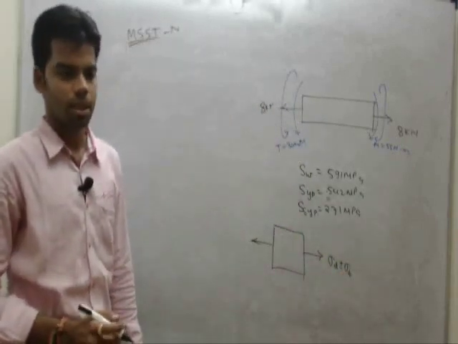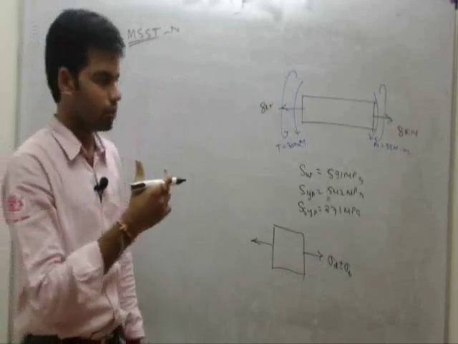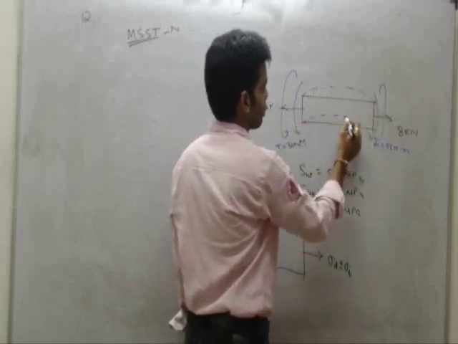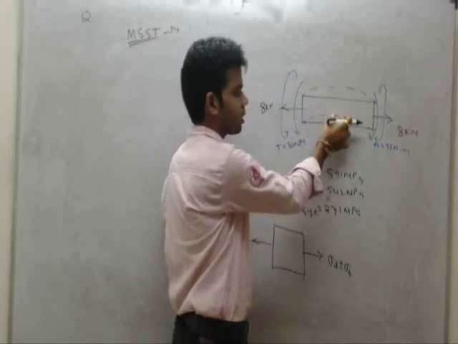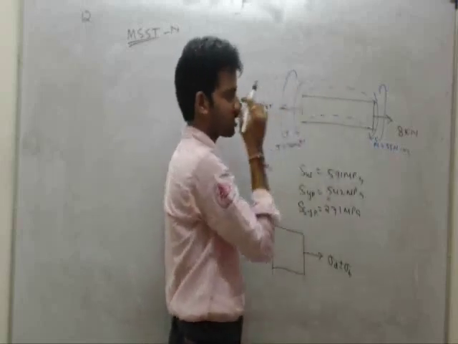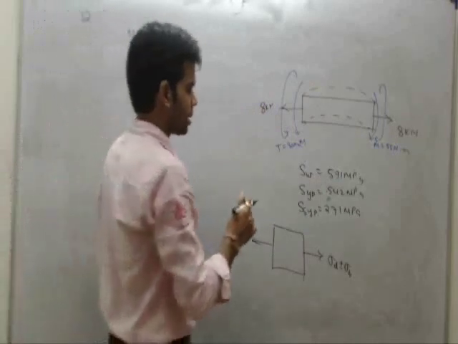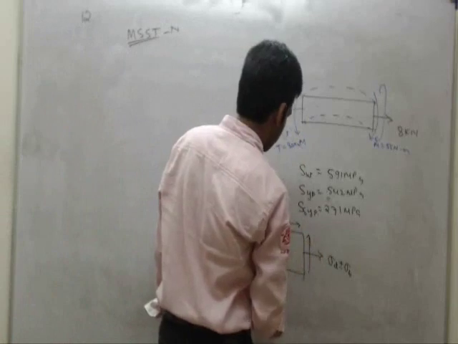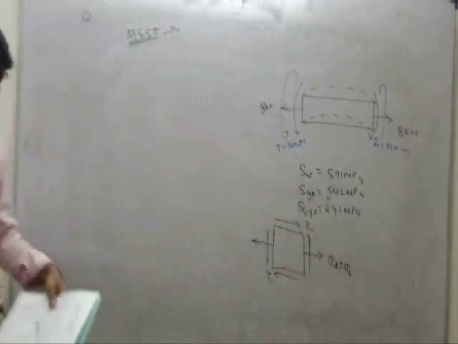Getting this? Plus, if it is a hogging moment, then if it is a sagging moment, then below the neutral axis what will it be? Compressive, that means minus, and above the neutral axis it will be tensile, that means plus. Okay, and next thing, along with this, it is subjected to a shear stress, torsional shear stress, tau. Getting this?